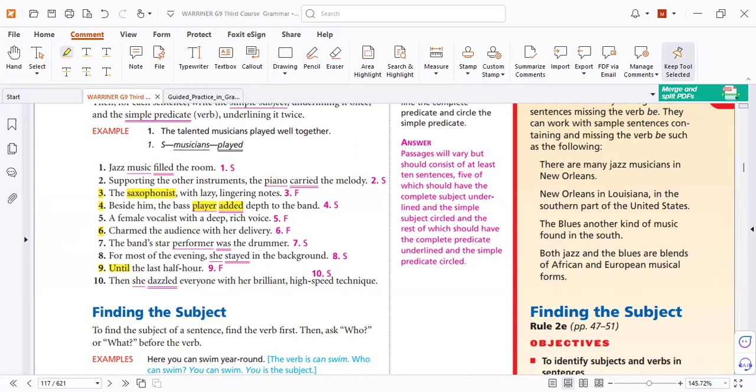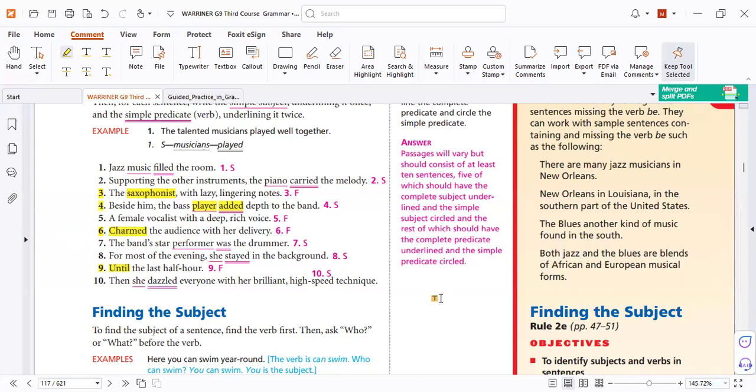I don't know. Now, what does it lack? Does it lack a subject or a verb? It doesn't lack a verb or a subject. But how? Who? It charmed the audience with her delivery.